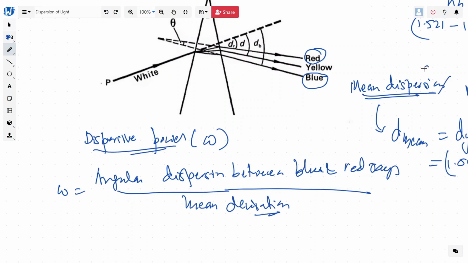Okay, mean deviation of dispersion. So in here we already have these numbers, and we can find that out, right?